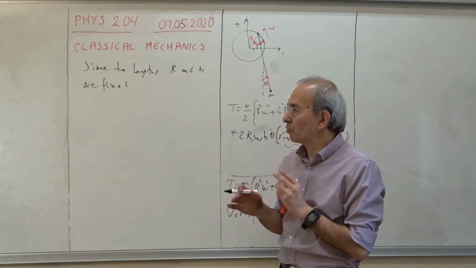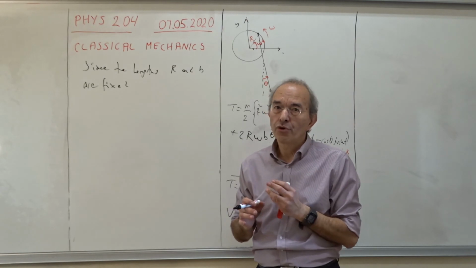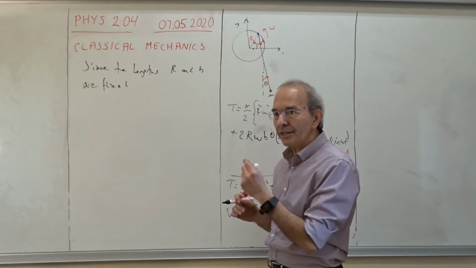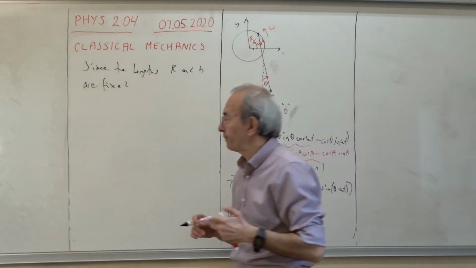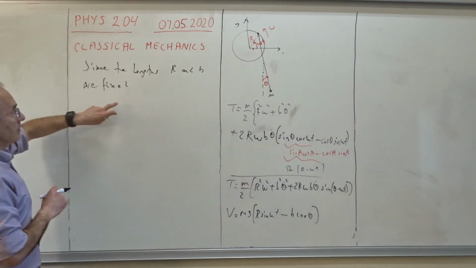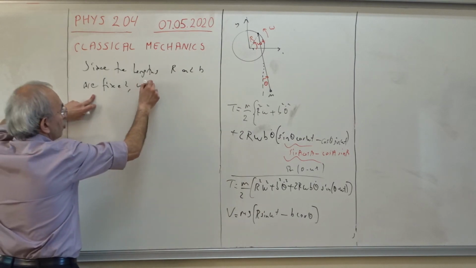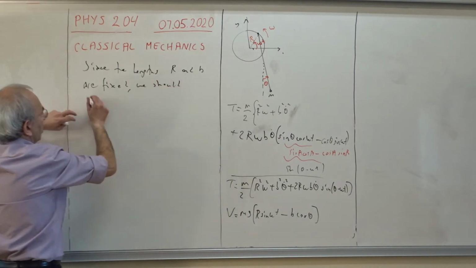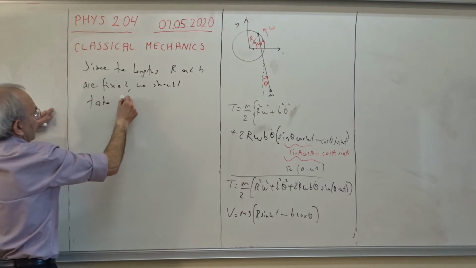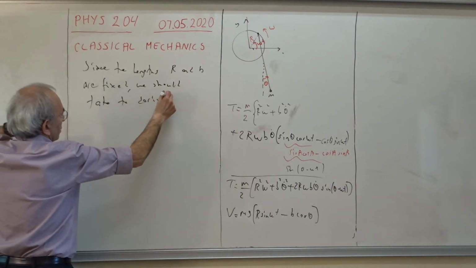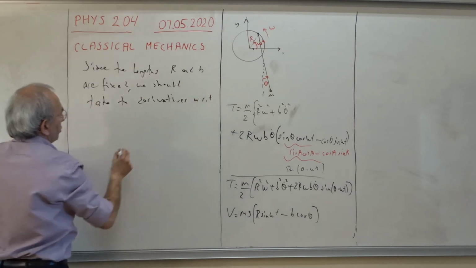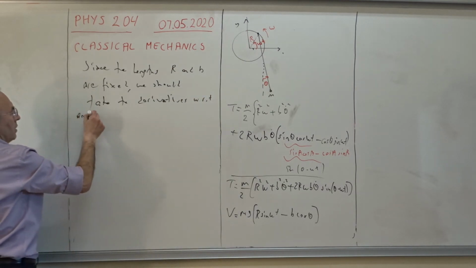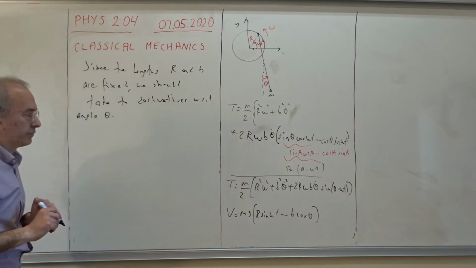But in this case it is relatively simpler because those lengths are fixed. But the angle theta is changing, so we can take the derivatives with respect to angle theta.